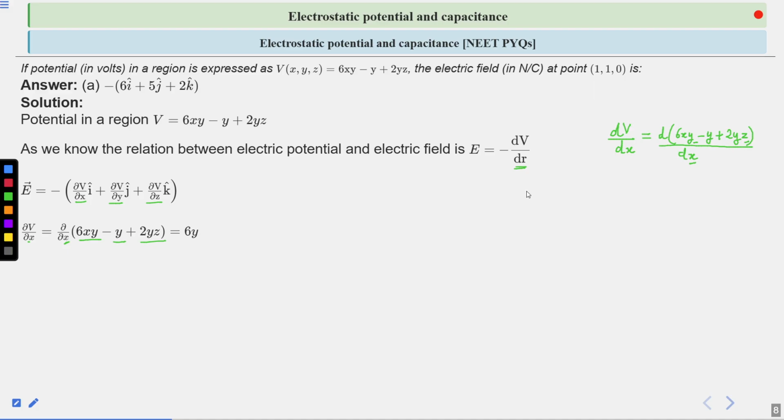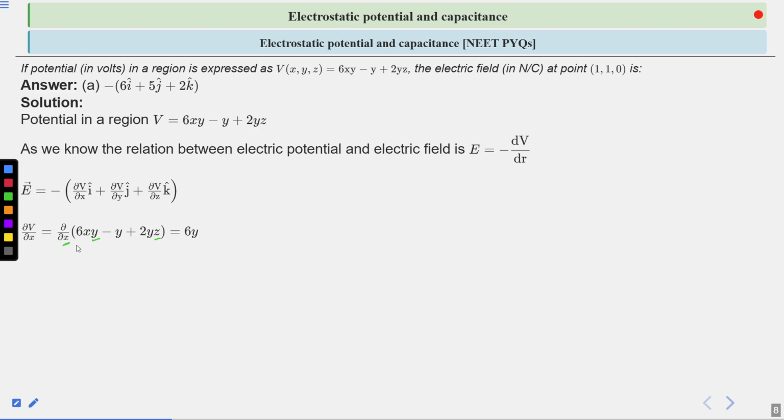But in partial differentiation, we are differentiating partially with respect to x, and the other variables y and z are considered as constants. Only x will be considered as the variable. This is partial differentiation.